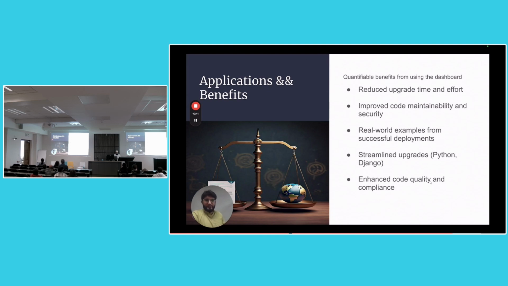For example, in the latest Python 3.12 upgrade, we didn't need to do anything manually. We just wrote a list of the repositories that needed to be updated for Python 3.12 support, and we passed that list to a job that we had to be run on all the repos, and it created the PRs for all the repos.